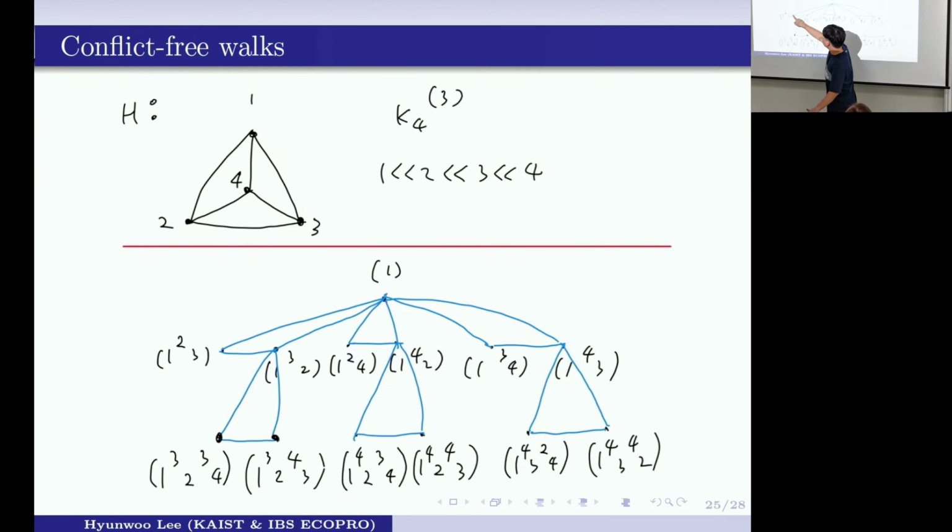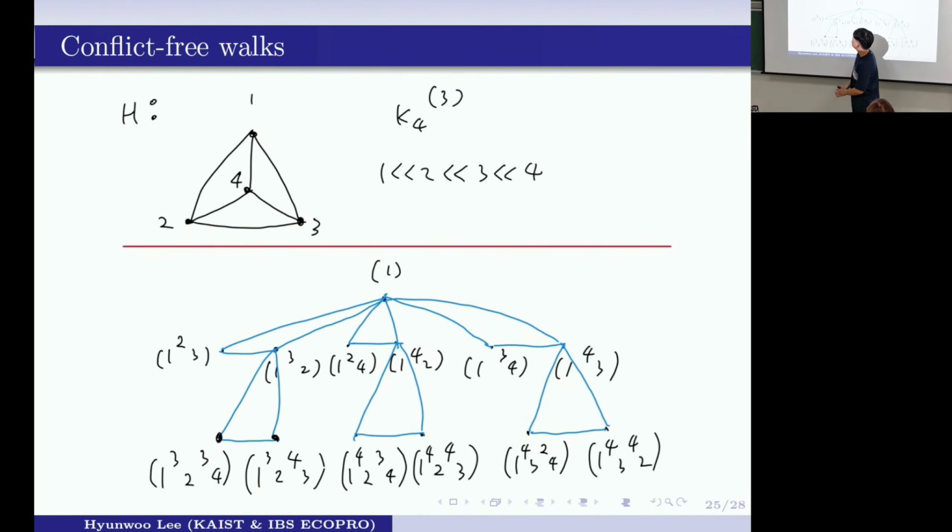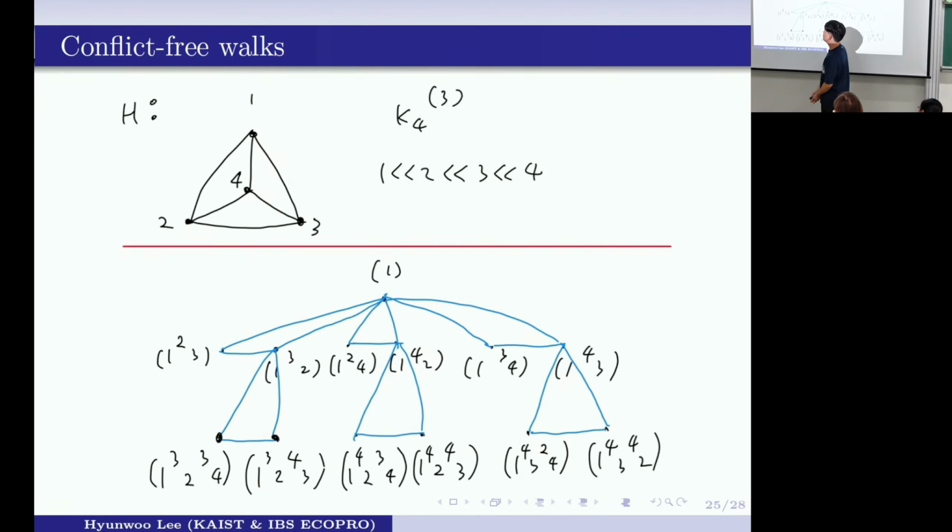Now here, if you extend this vertex into some other edges, we need to check what the complete set is. Here the complete set is 1 and 2, because by the definition of the complete-free walk, 1 is contained in the complete set, and 2 is smaller than 3 in the linear ordering, so 2 is forbidden.